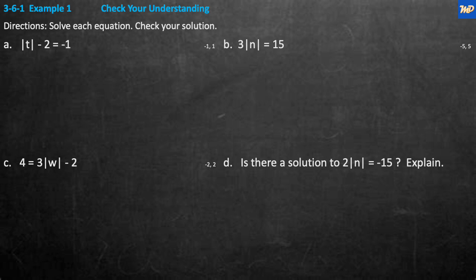C is 4 equals 3 times the absolute value of w minus 2. And then there's another one here where you have to read it and explain it. It says, is there a solution to 2 times the absolute value of n equals negative 15? I'll let you think about it. Go ahead and work these, and when you come back, we'll do them together.